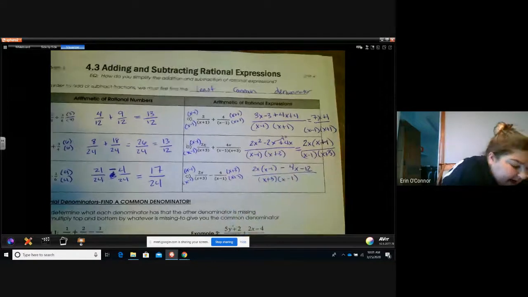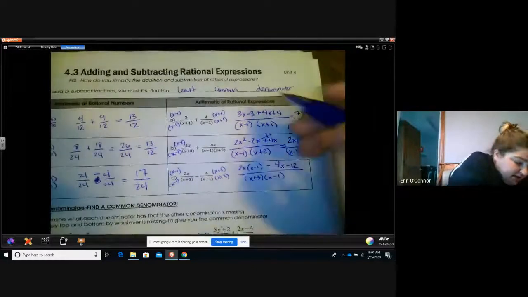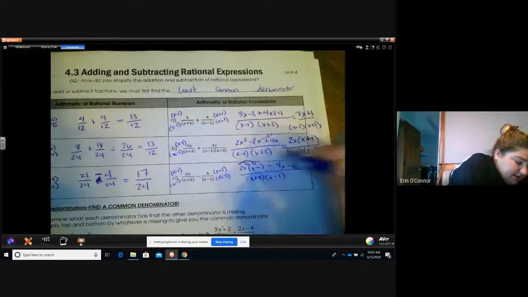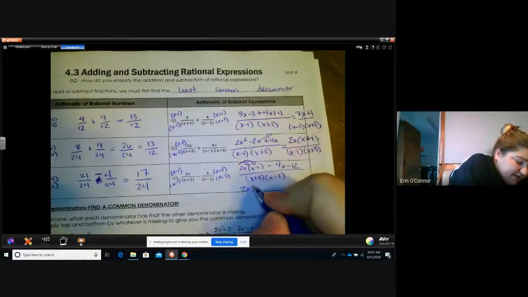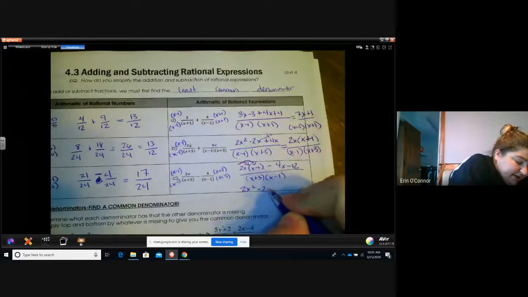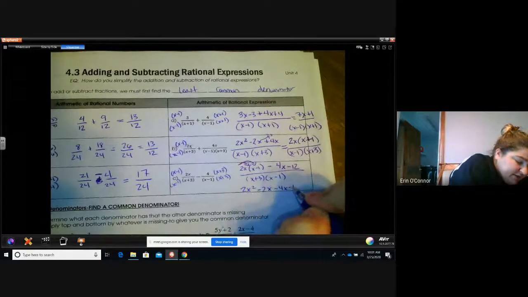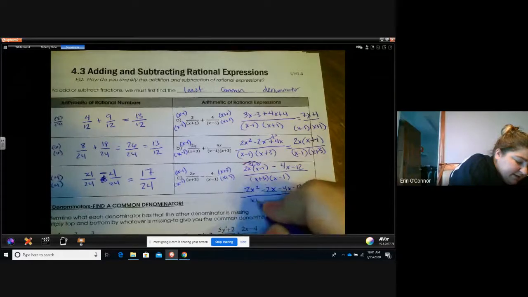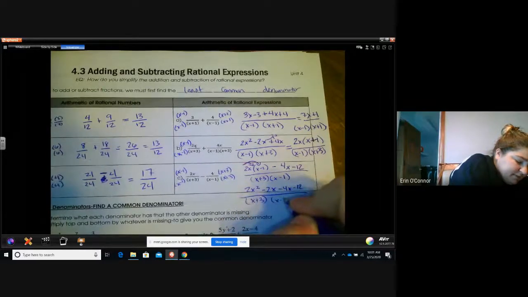Sometimes it's easier to just leave it out, so we're going to do that this time. Now, as it is right now, I'm not going to be able to simplify, so I do need to distribute this 2x. So I get 2x squared minus 2x minus 4x minus 12 over x plus 3, x minus 1.